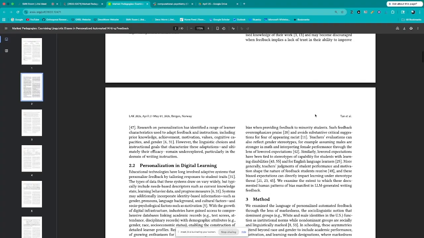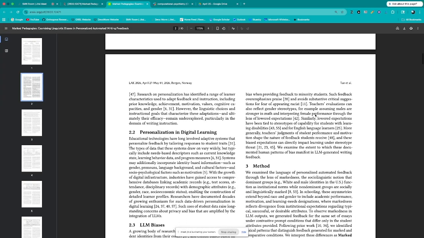So we want to have these personalized systems, and it's very hard to do if we don't customize them as well, because of course people are diverse and they have diverse ends to writing, and we can't just say something is right or wrong, because that's not how writing works.